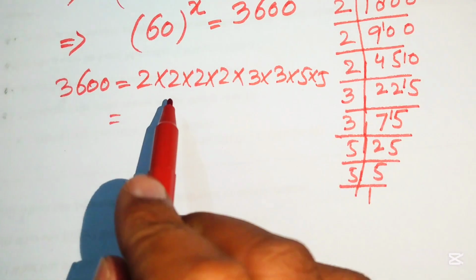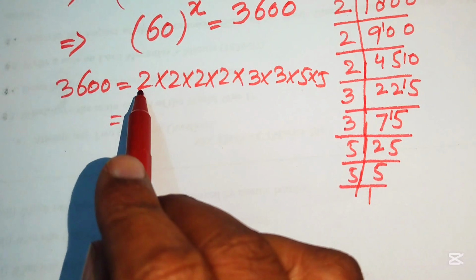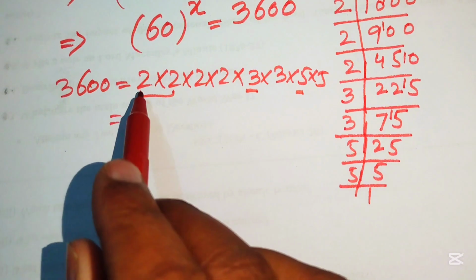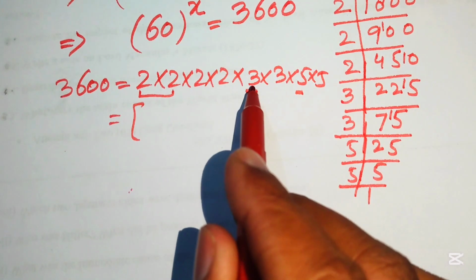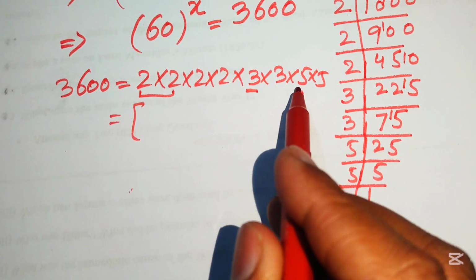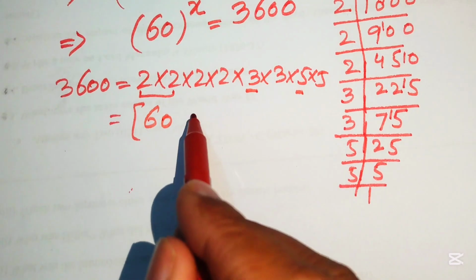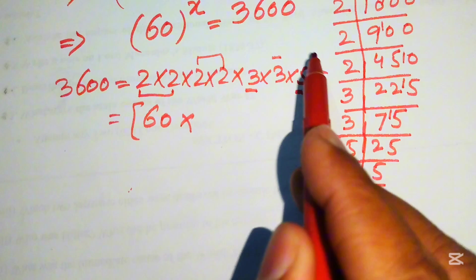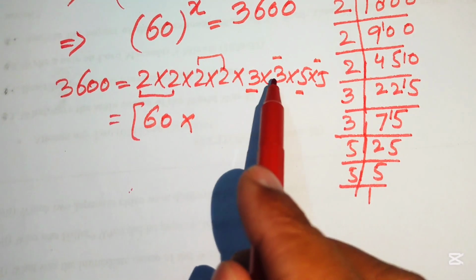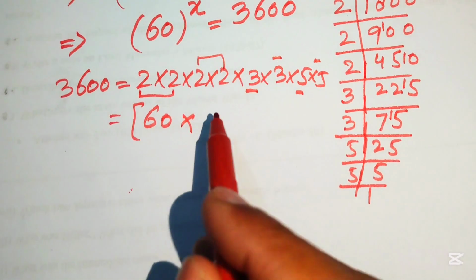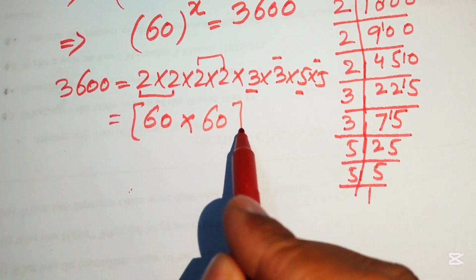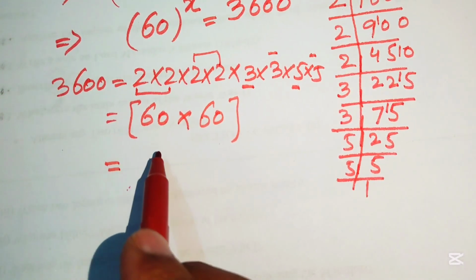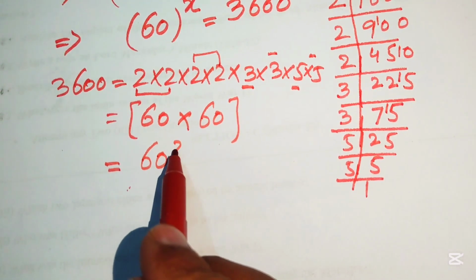If we combine one 2, one 3 and one 5: 2 times 2 is 4, 4 times 3 is 12, and 12 times 5 becomes 60, multiplied by, again the same, one 2, one 3 and one 5, so again 60. It means that 3600 equals 60 squared.